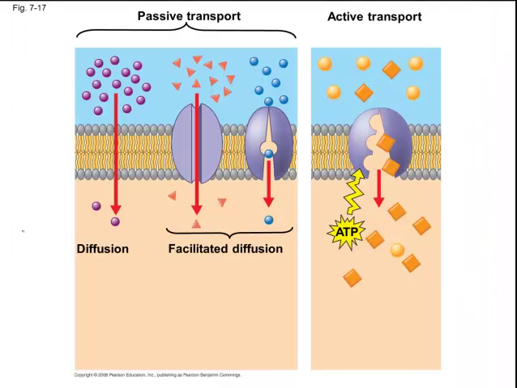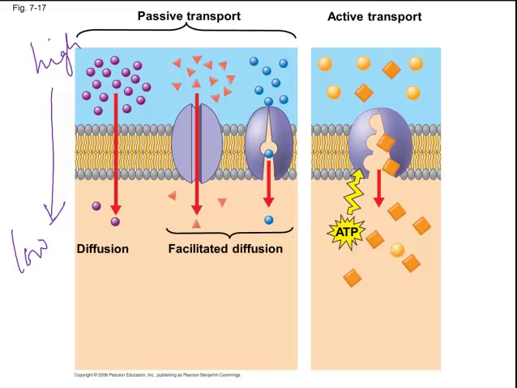Okay, so this picture shows you how diffusion and facilitated diffusion can take place and how they move. The direction in which they move is along the concentration gradient, from high to low, right?